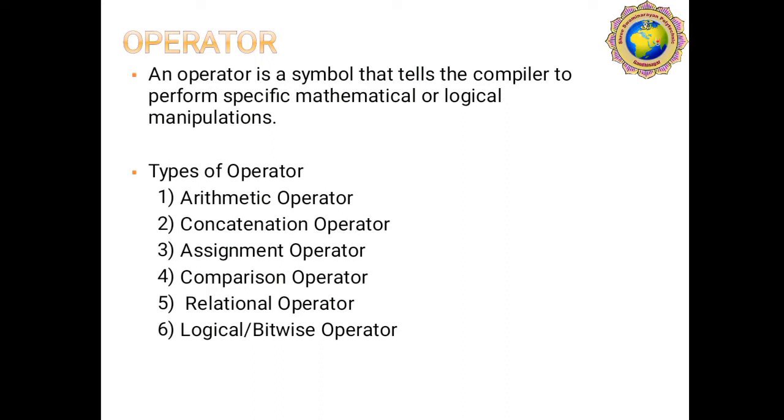Concatenation means merging the data of our variables, merging two pieces of data into one. Third is the assignment operator, fourth the comparison operator, fifth the relational operator, and sixth the logical and bitwise operators. So in this language we study these types of operators. Let's start.